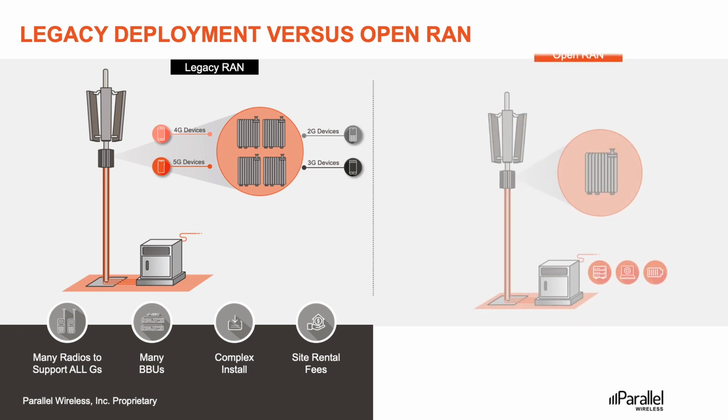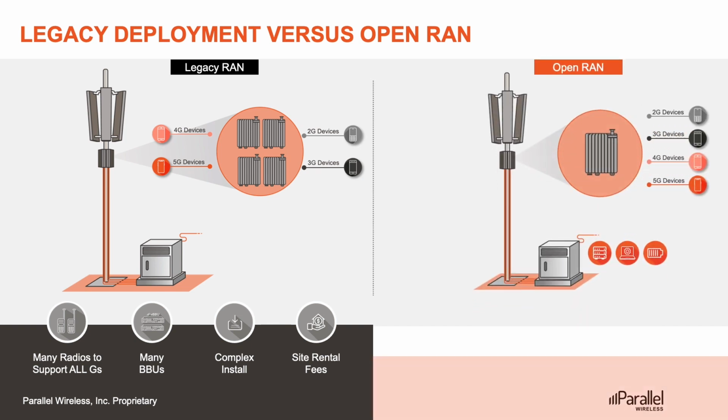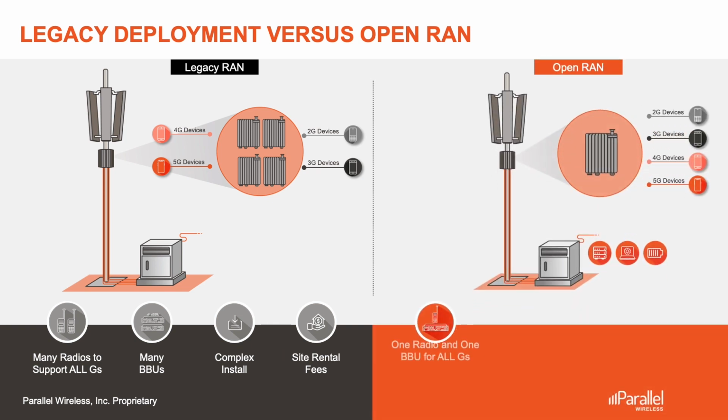Now, when we look today at Open RAN and what it provides us in terms of capabilities, we can understand that we don't need to deploy many radios as before, because today the radio access network technology can be software defined and can change on the fly. So one radio and one baseband unit can support all the Gs, not all at once, but they can change per need.